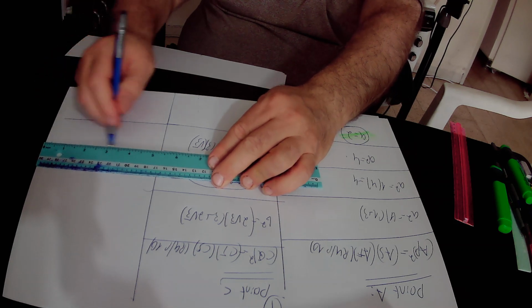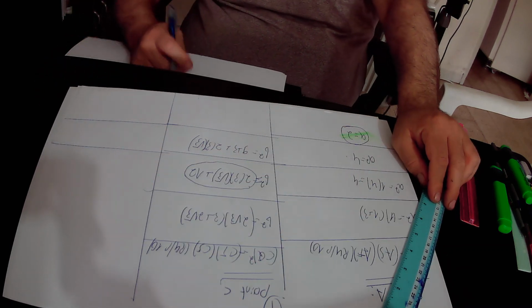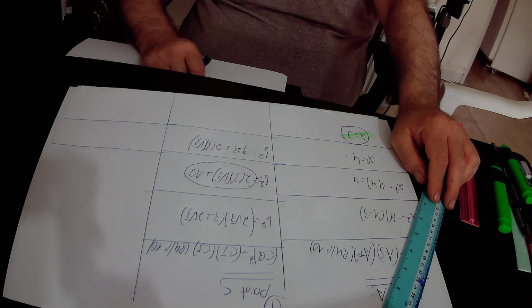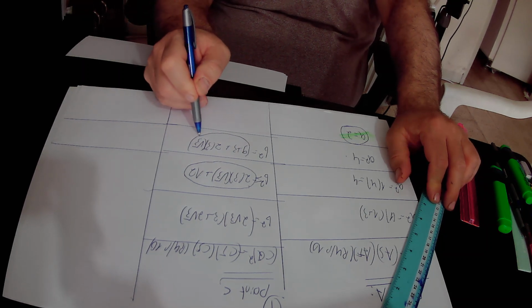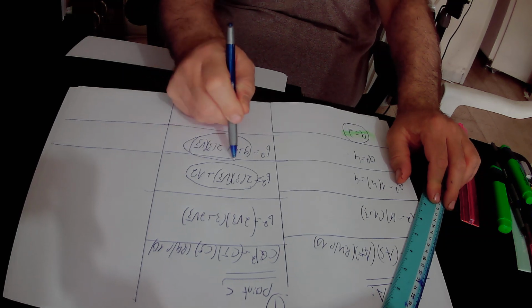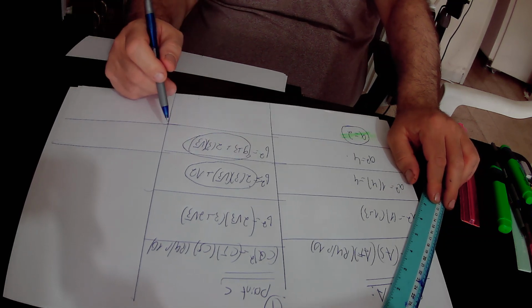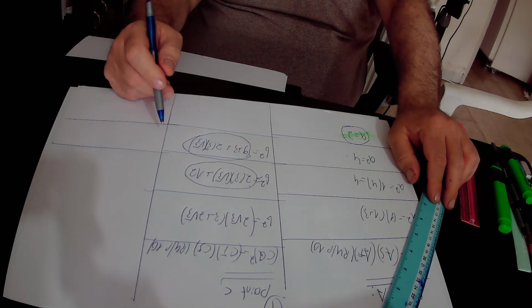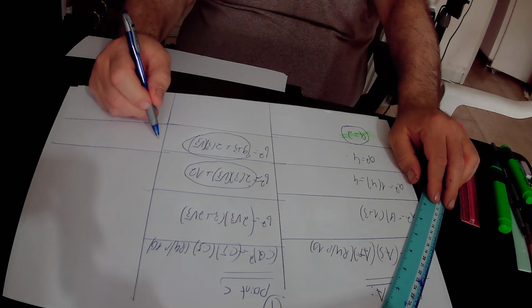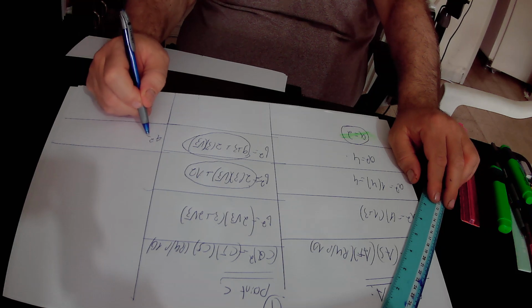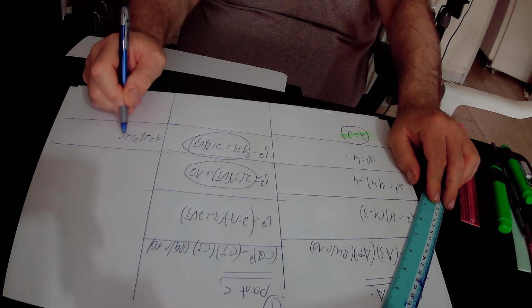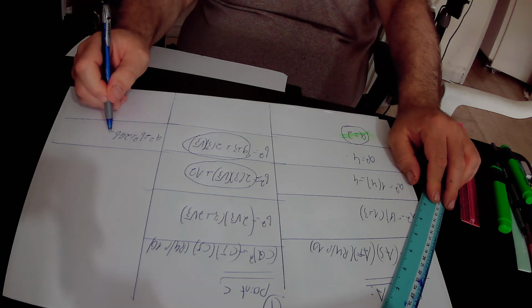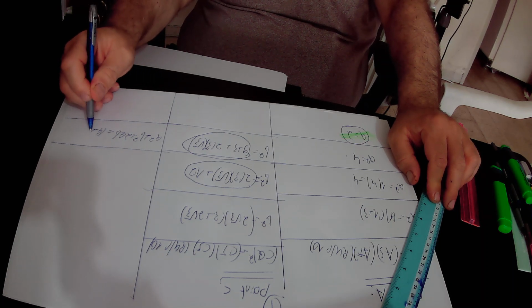This expression 9 plus 3 plus 2 times 3 times square root of 3 is equivalent to the algebraic identity that states that a squared plus b squared plus 2 times a times b equals (a plus b) squared.